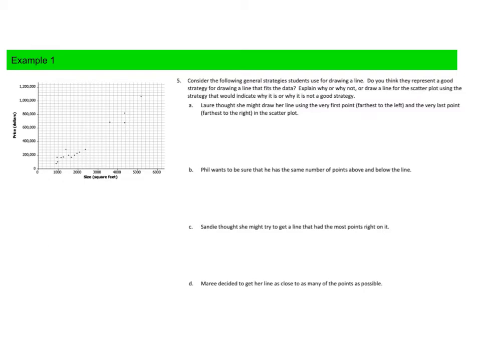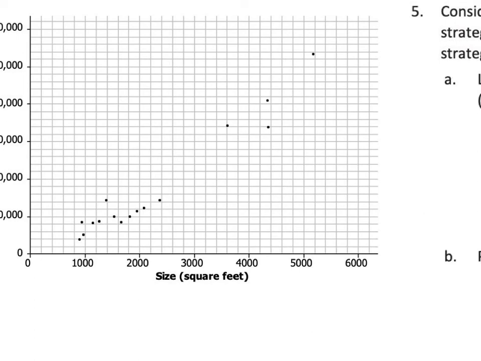So Lori thought she might draw her line using the very first point and the very last point. So she said, okay, I'm going to go from this point right here to this point right here. And so her line is like that.